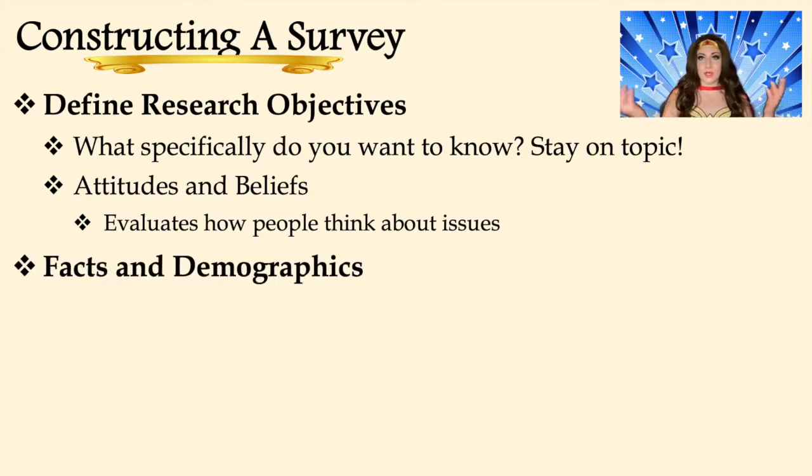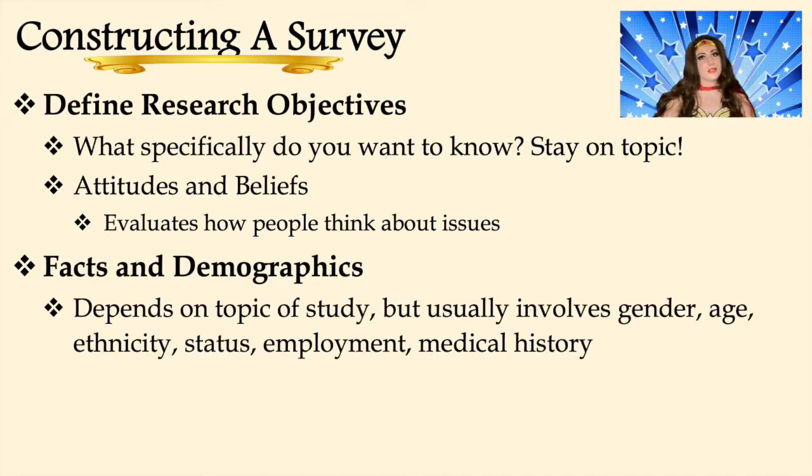You can also focus your survey around facts and demographics. In terms of facts and demographics, sometimes you are interested to know the gender, age, ethnicity, socioeconomic status, medical history, etc. of your participants. In a lot of cases, even when we use experimental methods, because we want to understand our sample, we do collect demographic information about our participants using something like a demographic survey.